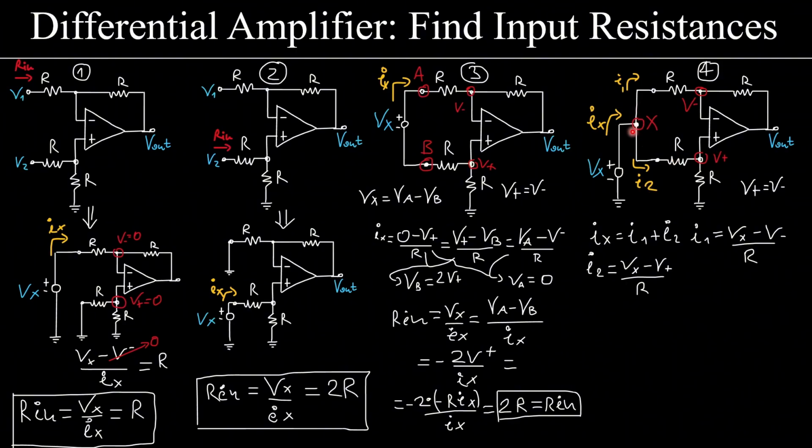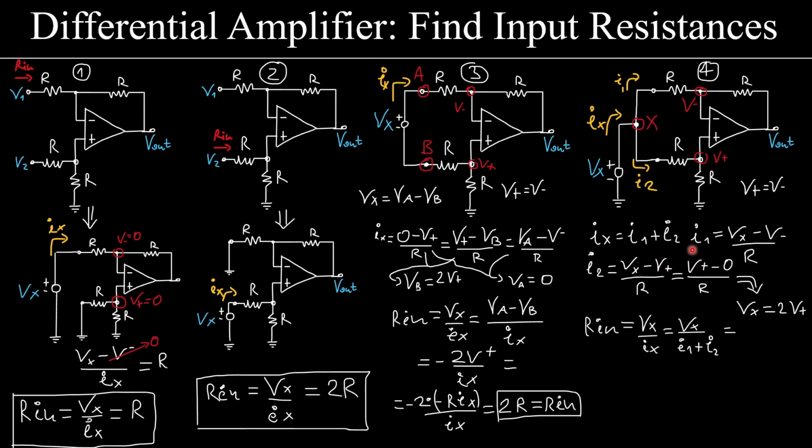I2 is Vx minus V plus over R. And since this current is the same current that flows from here all the way to the ground, it will be that I2 is equal also to V plus minus 0 over R. Right? You see why, hopefully. Now, from this equality, I can find out that Vx is equal to 2 times V plus. Right? This simplifies. Vx is 2 times V plus.